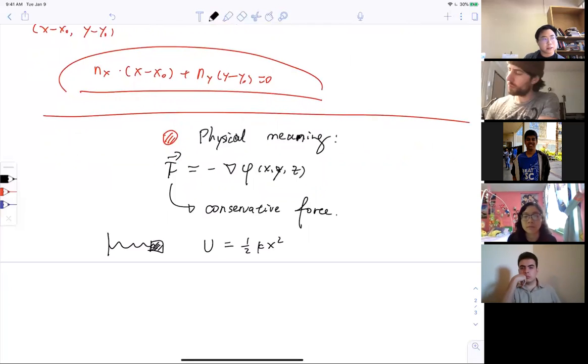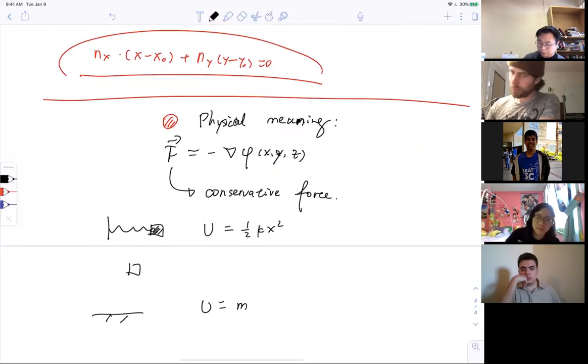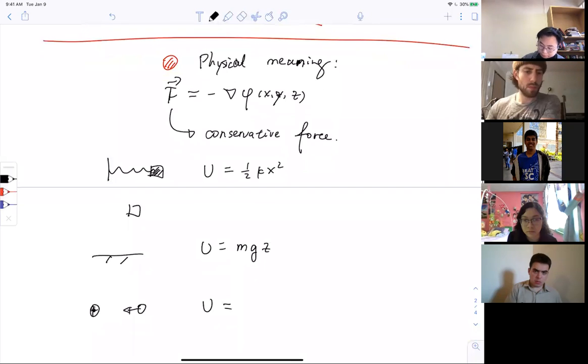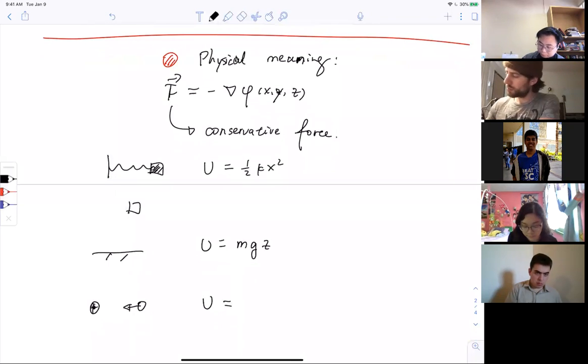Also for the gravitational force, we can assign a potential. And if I have a point charge, we can also assign a potential for the electric force. The potential is proportional to 1/r, right?